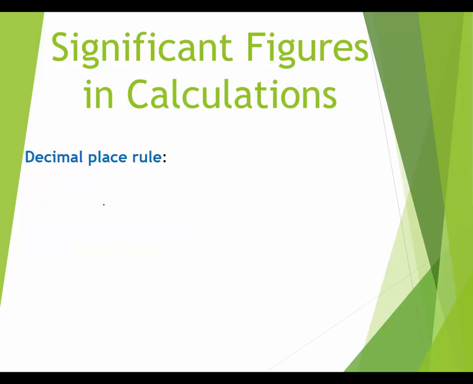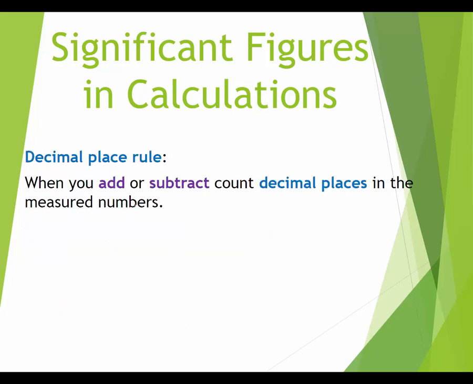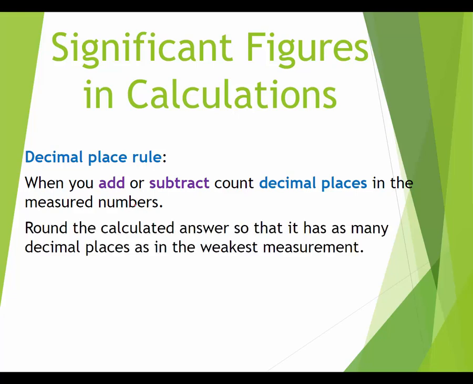The decimal place rule I will be using whenever I add or subtract measured numbers. I will be looking for the measurement that has the fewest decimal places, and my answer will have as many decimal places as the measurement that has the fewest decimal places.